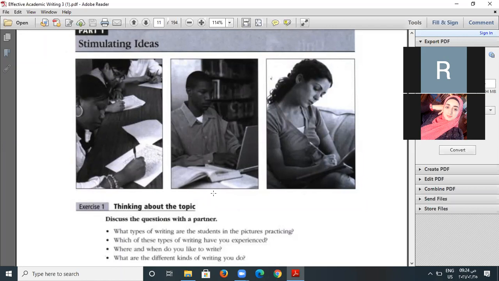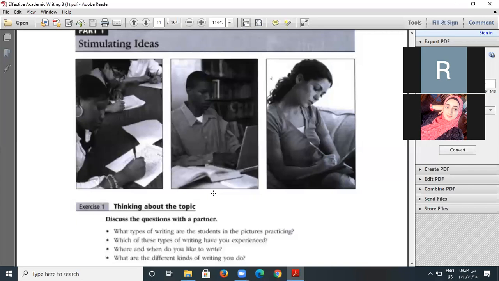What is he trying to find? He's searching for specific information about his topic. Then he reads information, articles or papers, about the topic he is going to write.